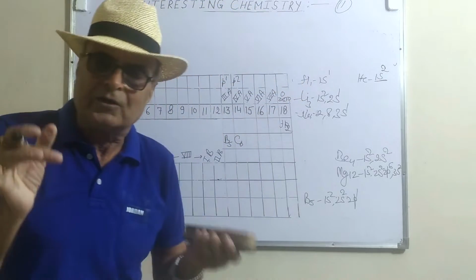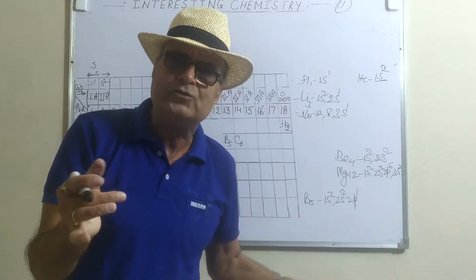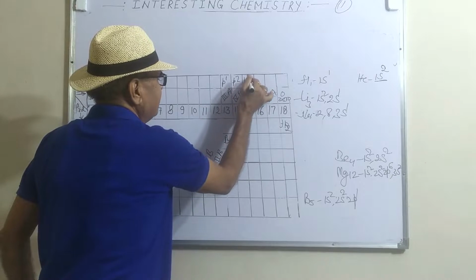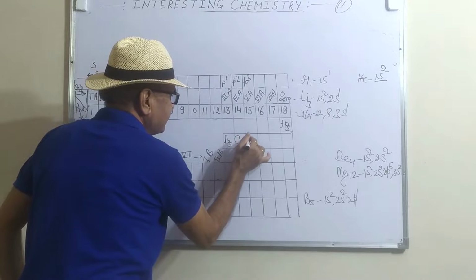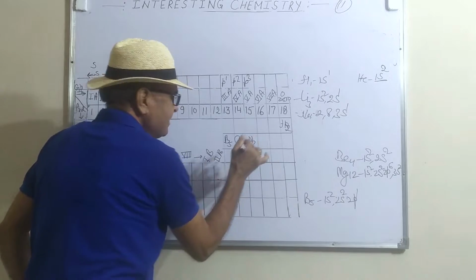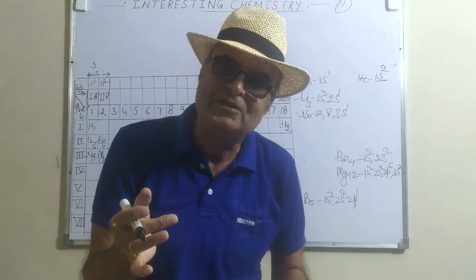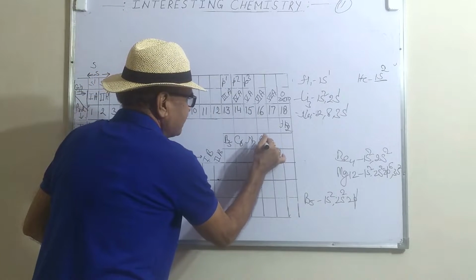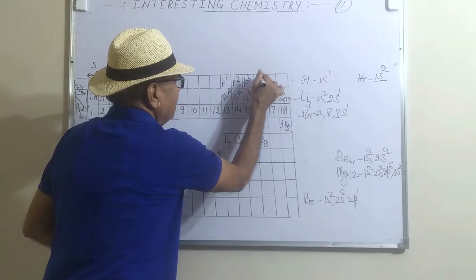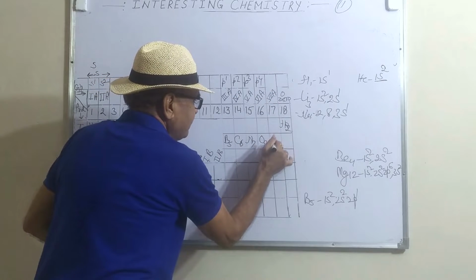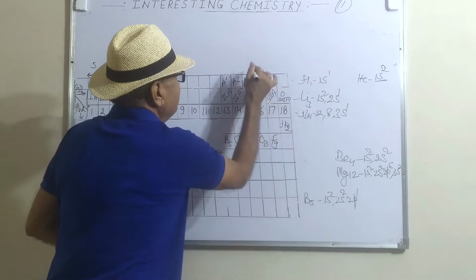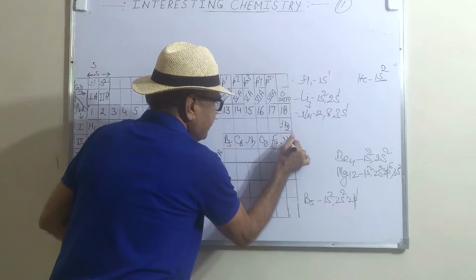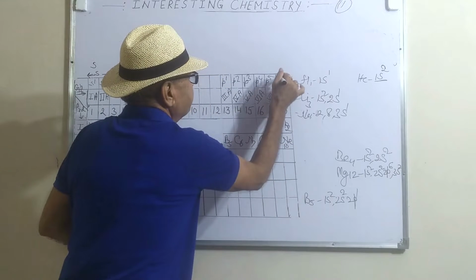I will not write on the blackboard as you know it very well. Then p3 for nitrogen 7, 1s2, 2s2, 2p3. Now oxygen 8 will be p4, and fluorine 9 will be p5. Then neon, number 10, is p6.